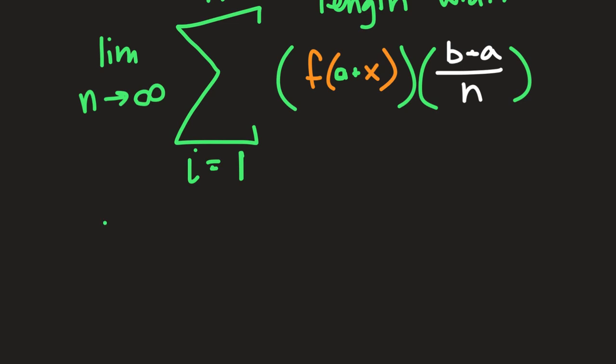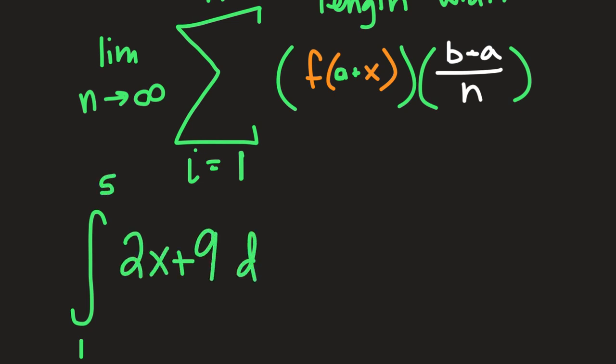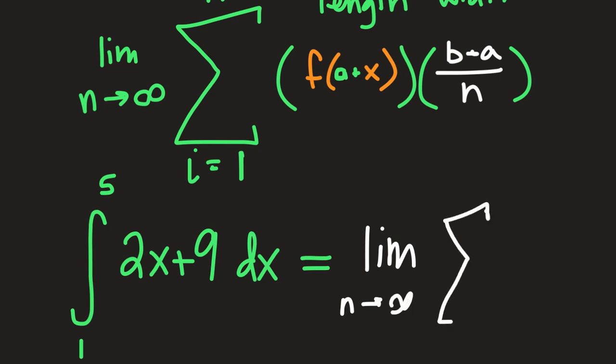So let's start with this one, the integral from 1 to 5 of 2x plus 9. We want to write this as the limit of Riemann sums. So we start with the limit of our summation. We always write lim as n approaches infinity of our sigma, from i equals 1 rectangle to n rectangles.